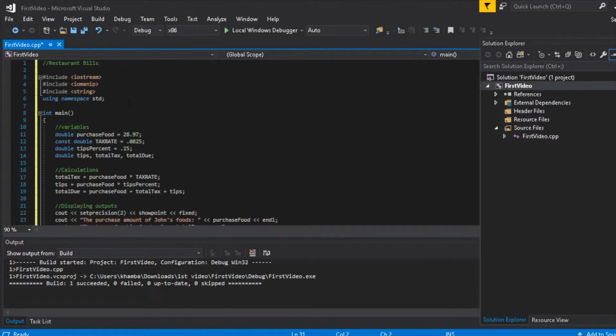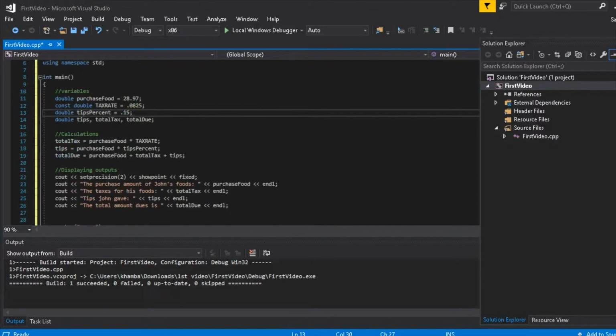To have two decimal points, we need to include iomanip. And the string, we wouldn't have to include it, but I decided to, so I'm not going to change it.